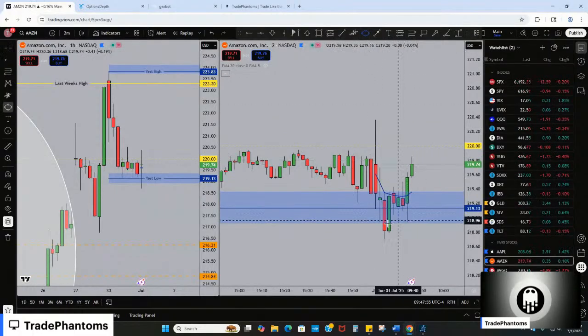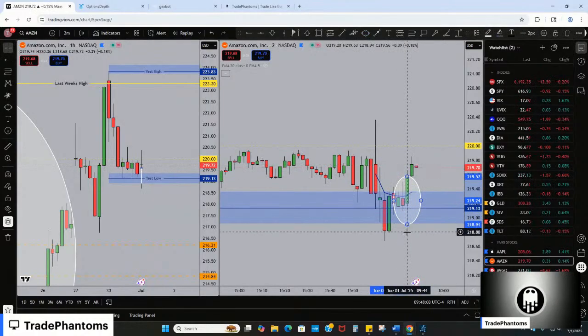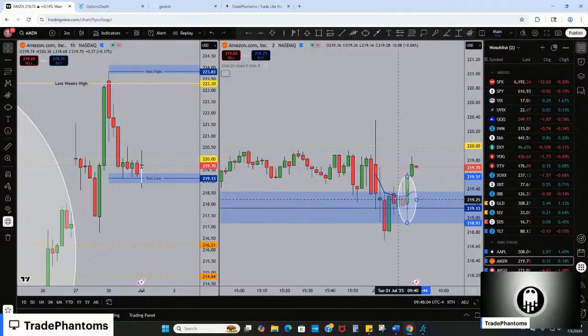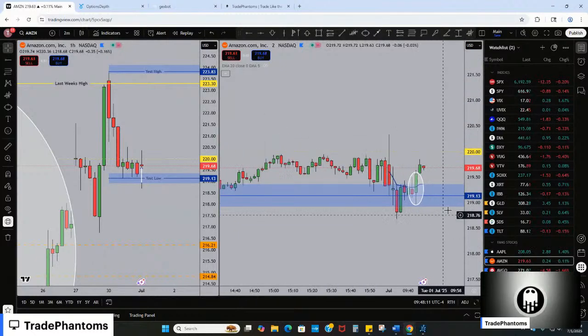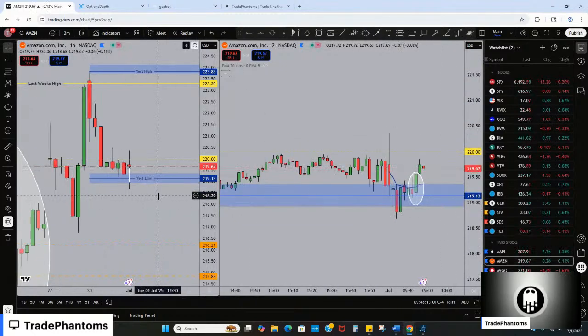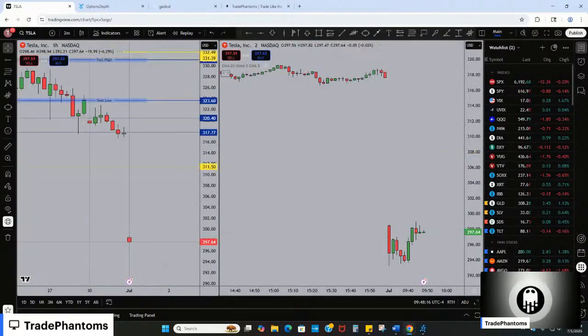Amazon trying to do something here. This day, we got a little bit of a fakey breaky bar here. I want to be a little bit more patient with the bullish exposure, at least for right now.